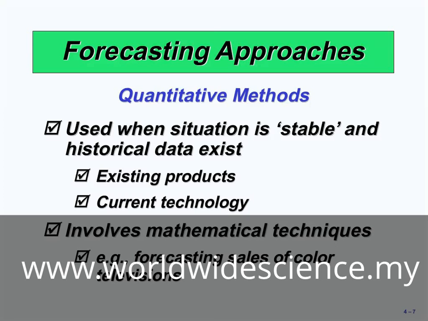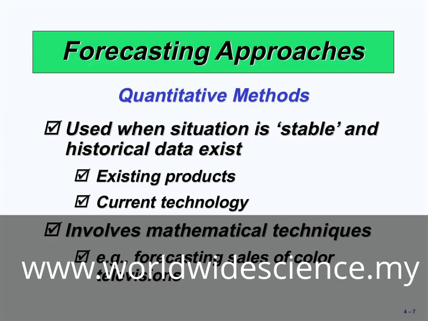Historical data means the data in earlier months, used for existing products that you are currently producing and current technology. You want to forecast the demand of your customer, how many units your customer will order next month, 2 months later, 5 months later, for current product, for current technology.